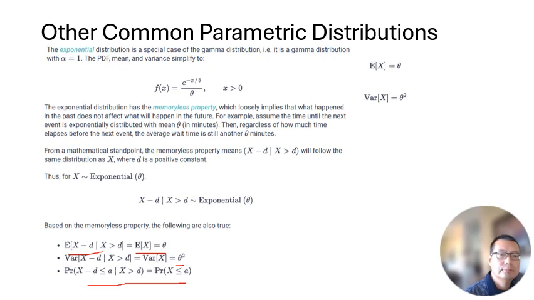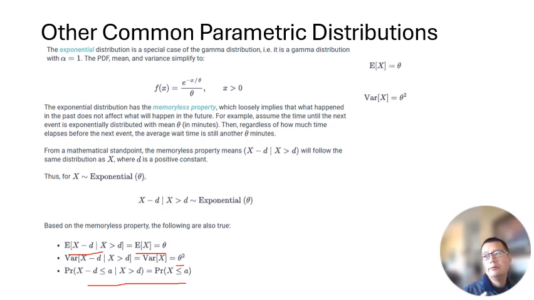So for the exponential distribution, we can think of a situation where people come in at times that you don't know how long it will be, but whoever comes in first doesn't define whoever comes in later.